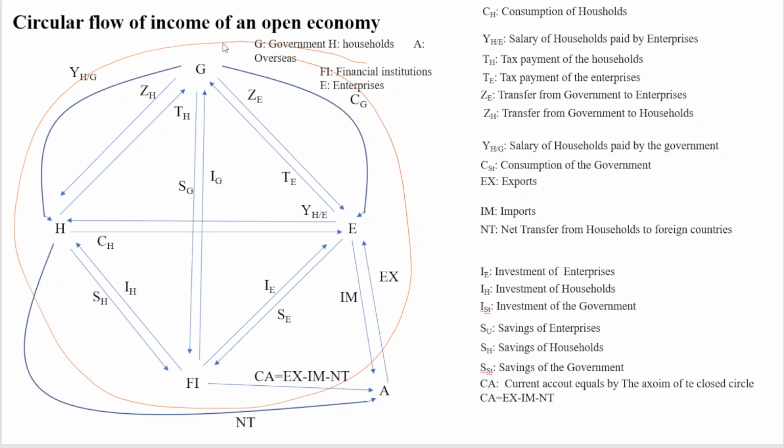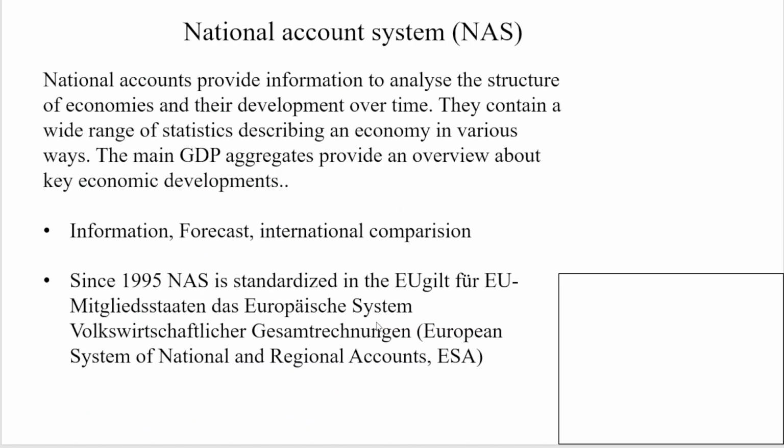This is more or less the same concept we have here within the circular flow. If here, here, here, and here we have inflows equals outflows, then also here you have to have inflow equals outflow. So what is conceptually the circular flow?